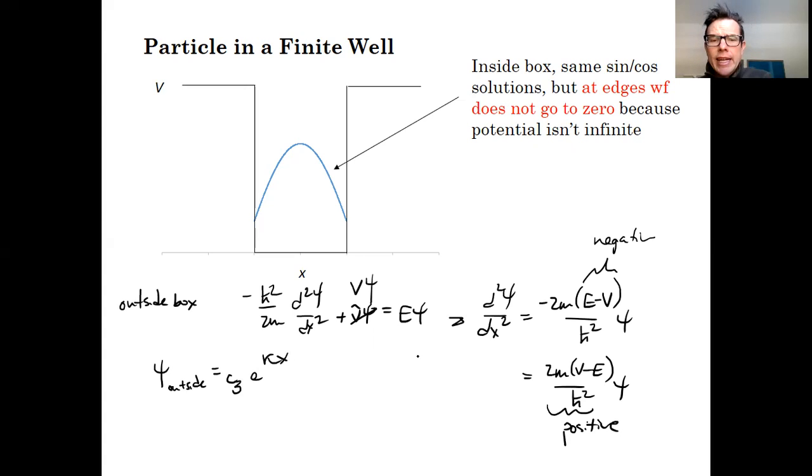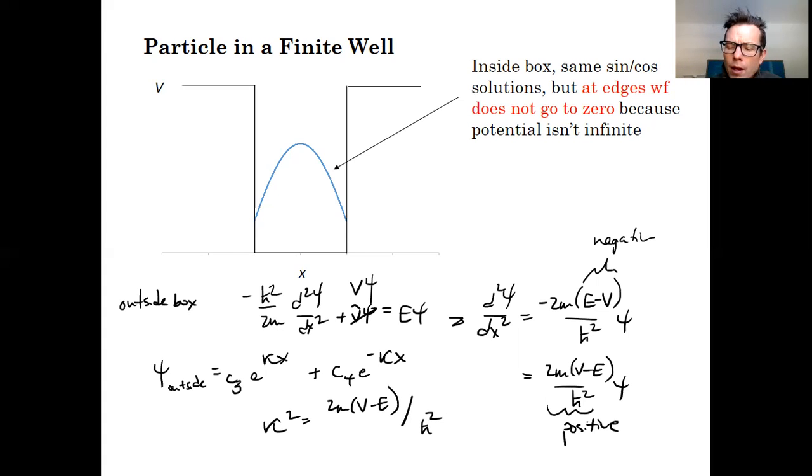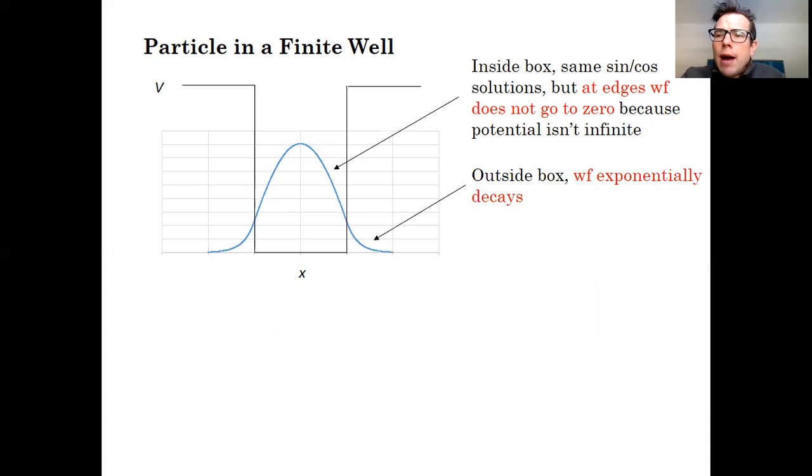Rather than having an e to the ikx, we can simply get regular exponential decays, where this is the constant kappa, and this is defined as 2m(V minus E) over h bar squared. So outside the box, the wave function will simply exponentially decay.